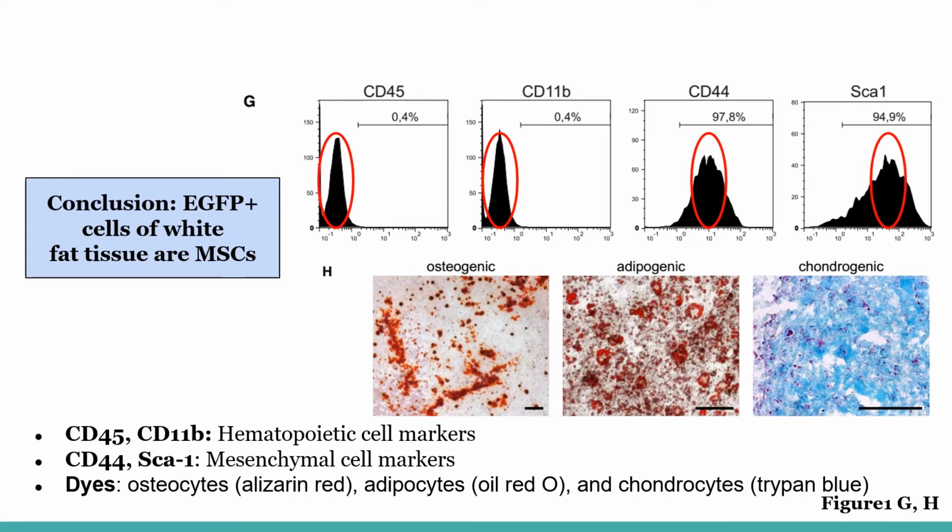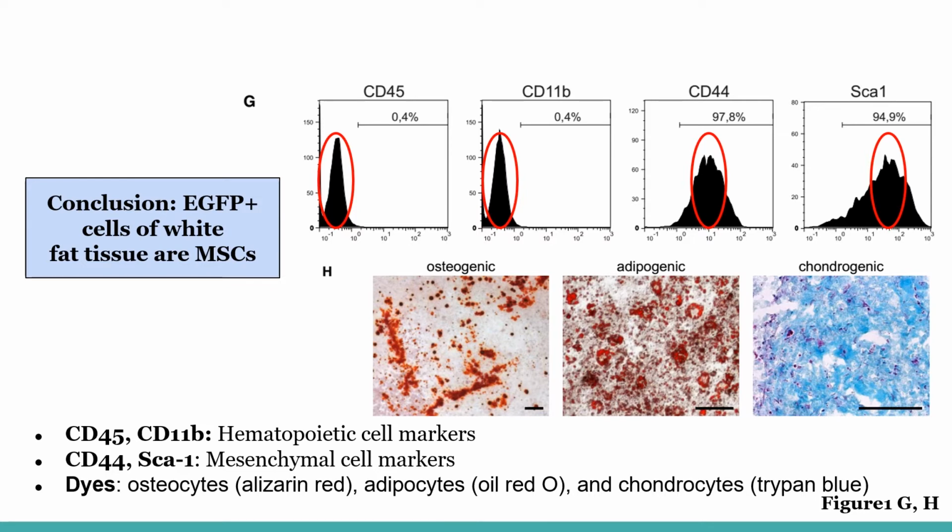They found that these EGFP positive cells lack hematopoietic markers like CD45 and CD11b and express the typical MSC markers CD44 and SCA1. What's more, they found that these EGFP positive cells can differentiate into osteogenic, adipogenic, and chondrogenic lineages.